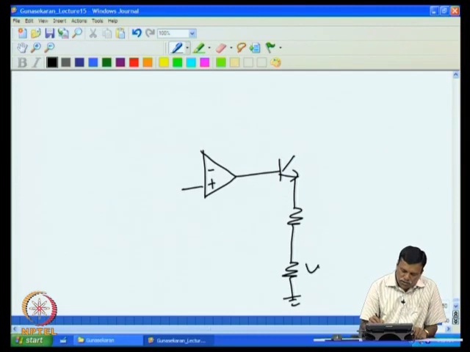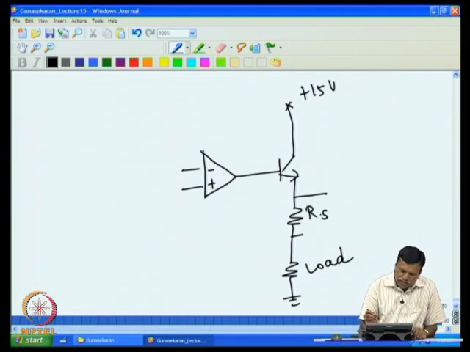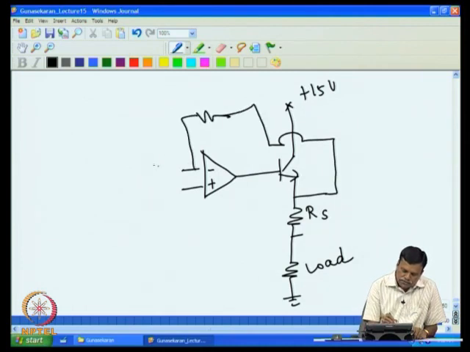This is the load. This I connect to plus 15 volt. Now to make it a current source that depends on the voltage, what I do is I pick up the voltage across this resistance. This is my sense resistance. This is the load. So I pick up this voltage and apply it to the inverting input.